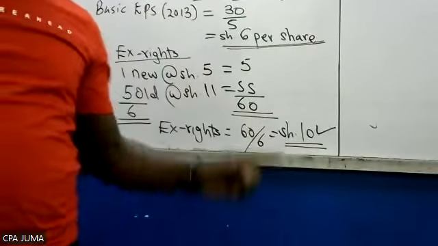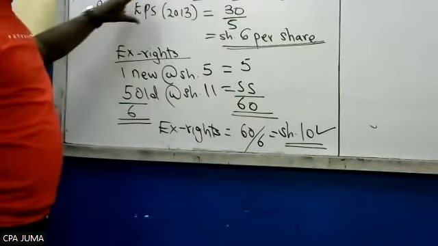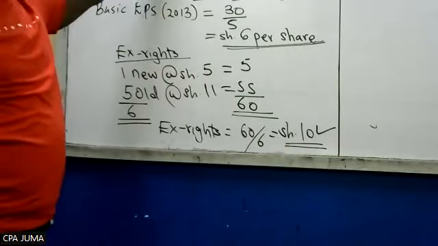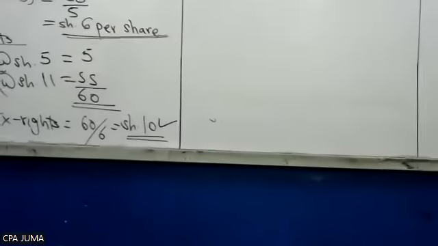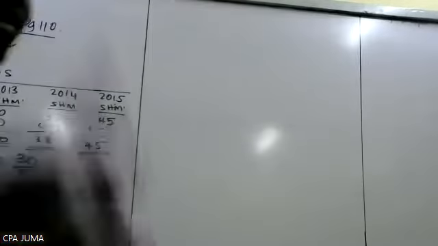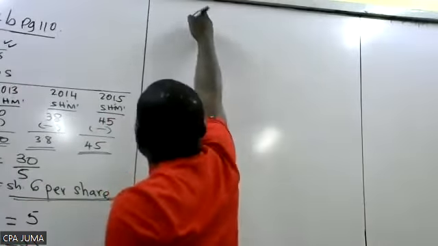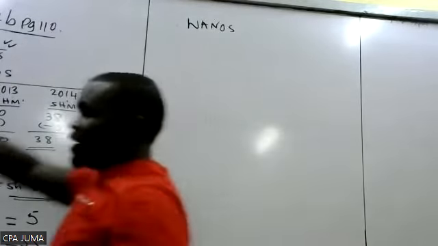So whenever there is a rights issue, how you weigh the shares, how you determine the weighted average becomes slightly different. So let's go to weighting. So right there, WANOS. We want to get the weighted average.